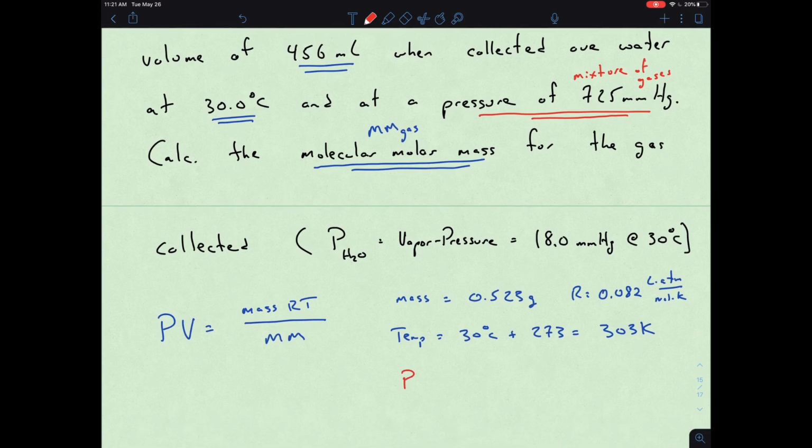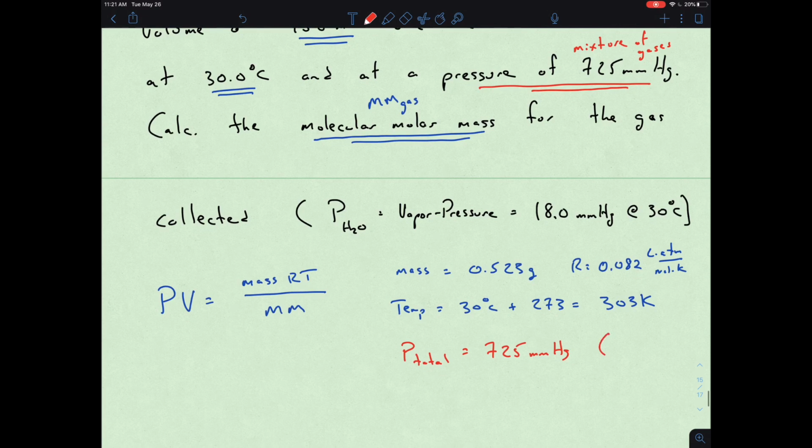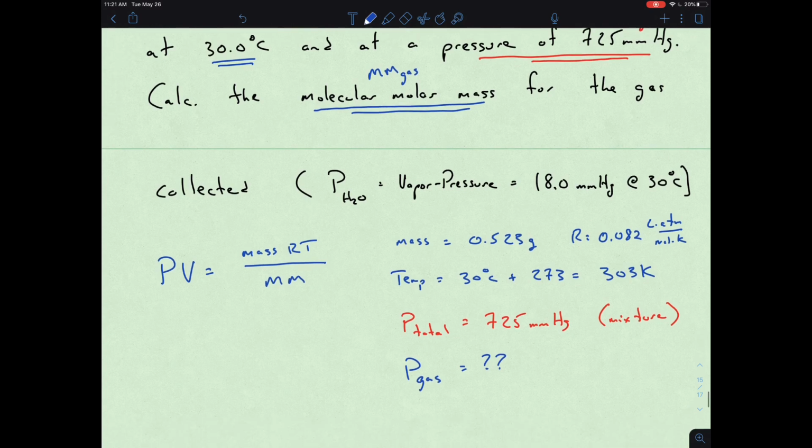So my P total is equal to 725 millimeters of mercury. But again, this is a mixture. What I need to figure out is the pressure of the actual gas I'm collecting. And then I can use that in terms of my expression.